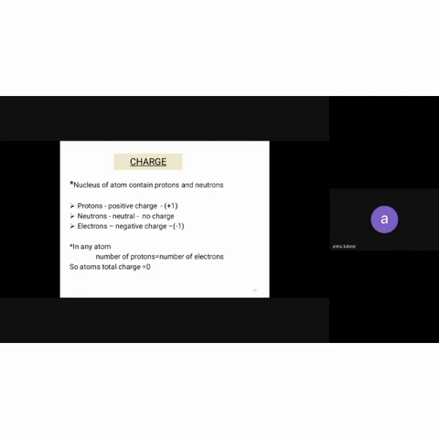In any complete atom, the number of protons in the nucleus is precisely equal to the number of electrons orbiting it. Therefore, the total charge is equal to 0.